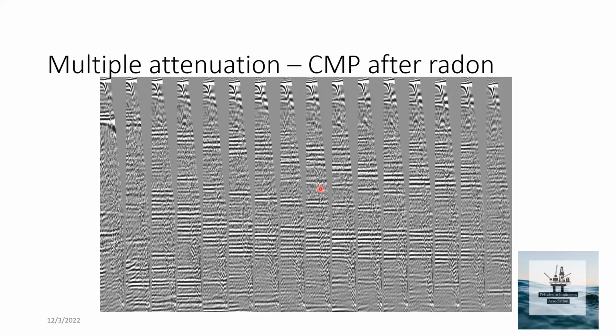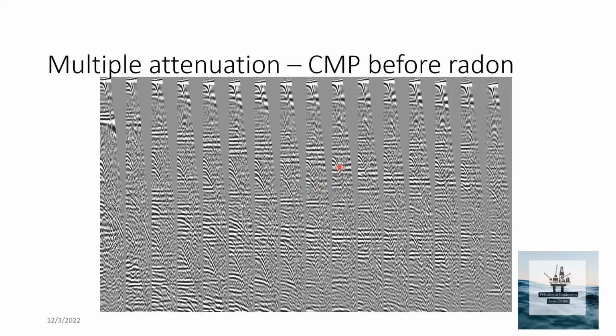Before and after. Okay, how is this done? First of all, before doing the multiple attenuation, we have to do velocity analysis and the NMO. After doing the NMO, we will have flat gathers and the multiples will be slower.